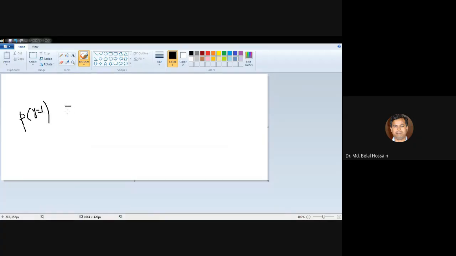Put the values there. You have e to the power minus lambda, and lambda was given as 1.3.